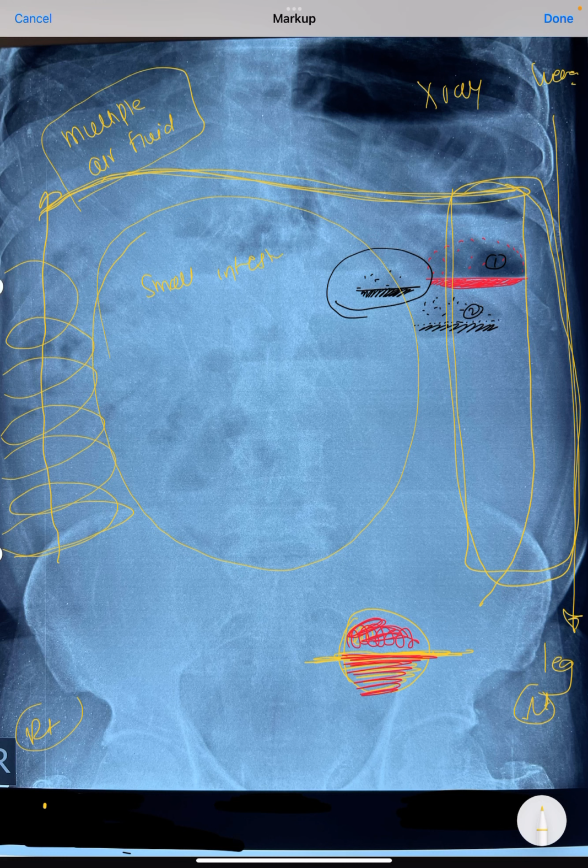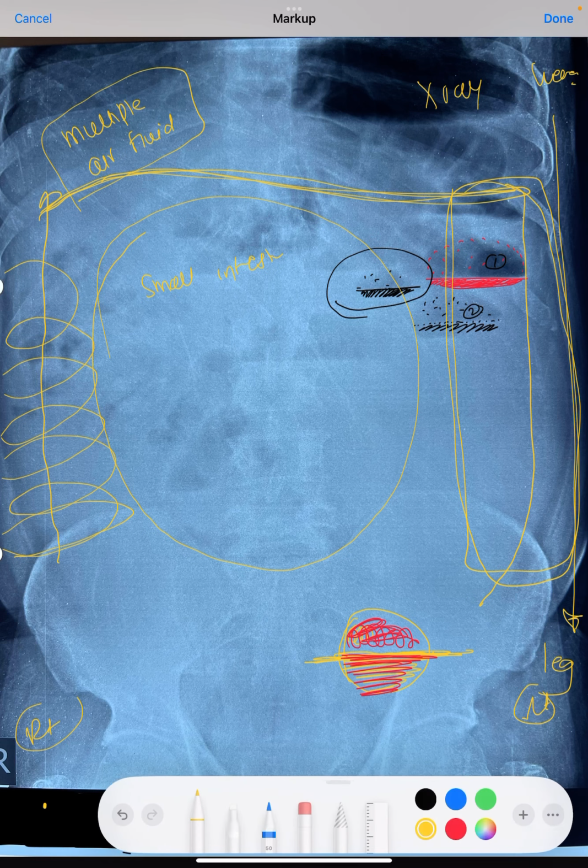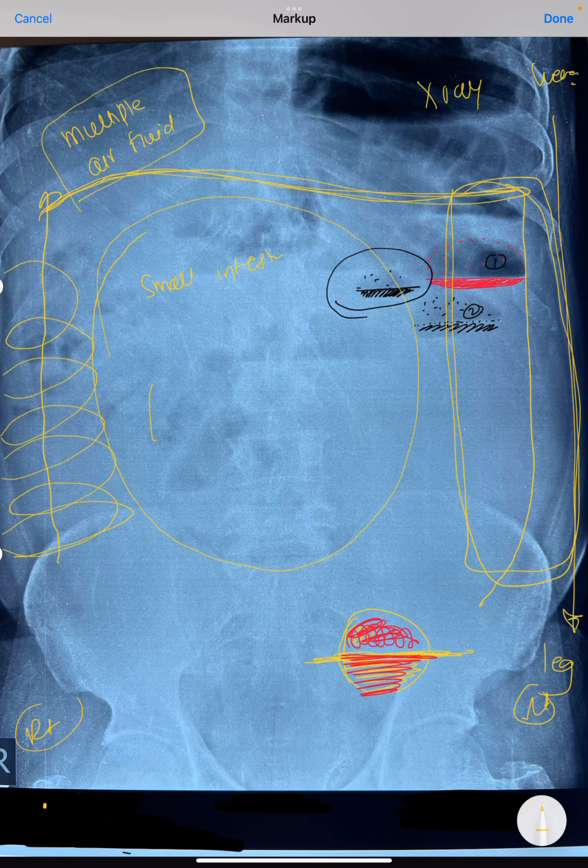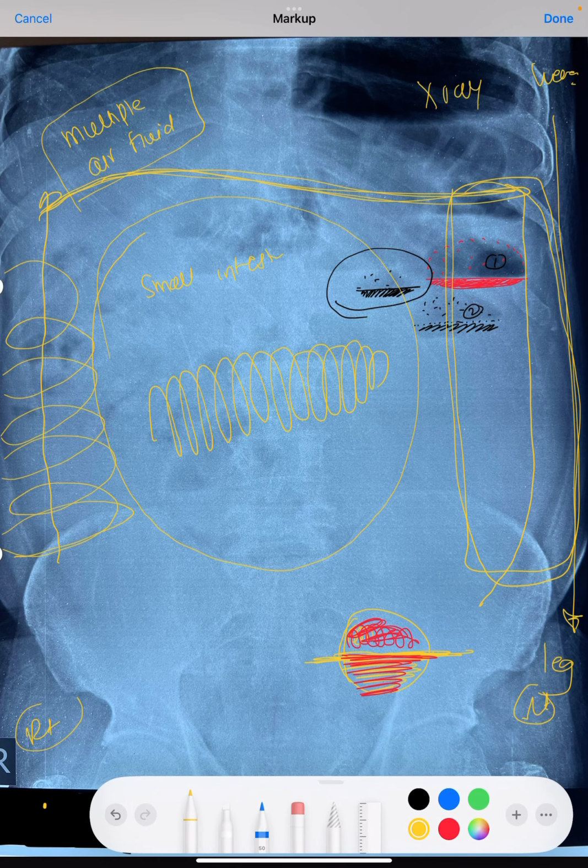There are other things which differentiate the small intestine and large intestine. A small intestine usually has a spring type appearance, which we can very clearly notice in this area.